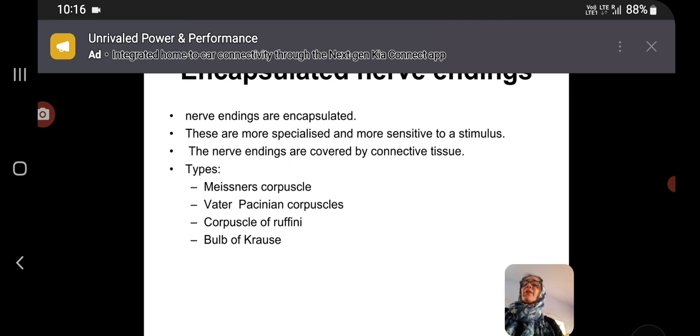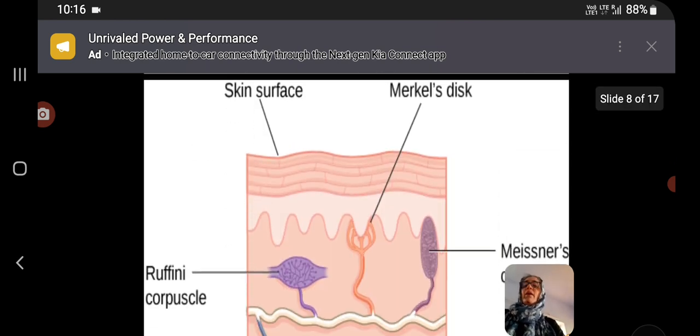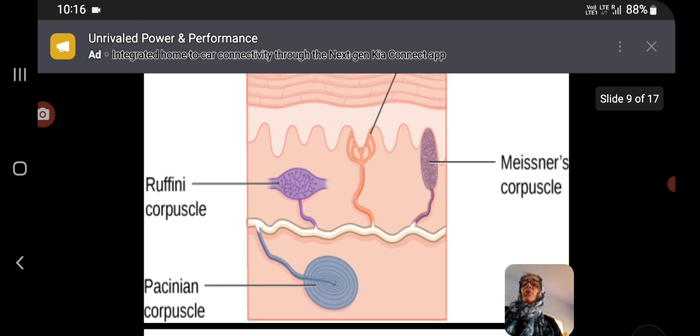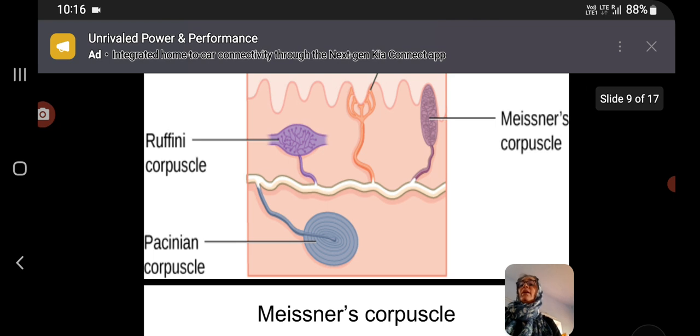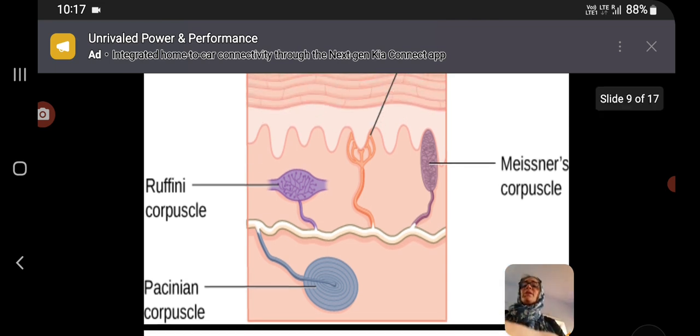These capsular structures are also present in our body, where you can see four different structures in the dermis. Here you can see the Ruffini capsule, Pacinian structures, Meissner's capsules, and all.